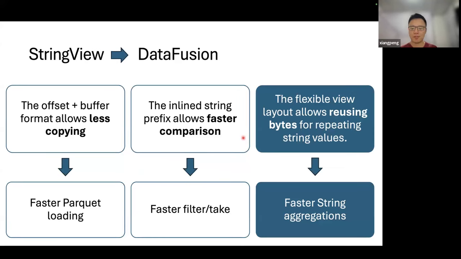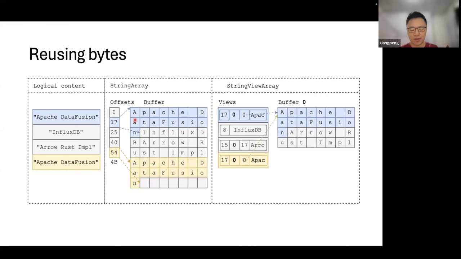Our last part is how we reuse the string bytes to make string aggregation faster. We have already seen this before: the first string and the last string are the same. For the string array, you have to repeat the string bytes in the buffer, which is suboptimal.